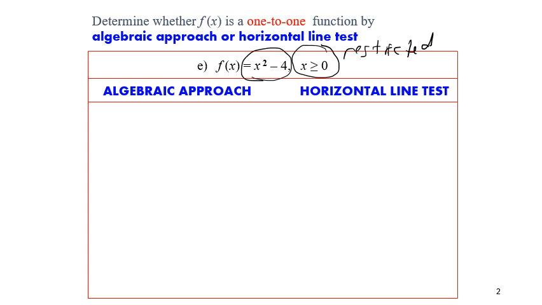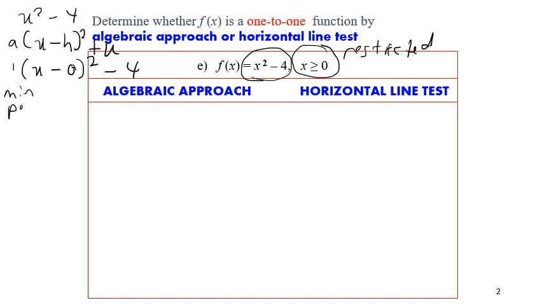So in this case, x squared minus 4, when we compare with a(x minus h) squared plus k, it will be like this because there's no x term right here, so straight away it can be like this, right? So here we find that the minimum point is (0, negative 4).